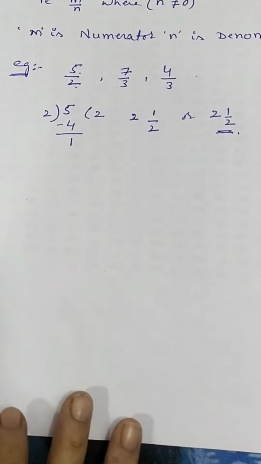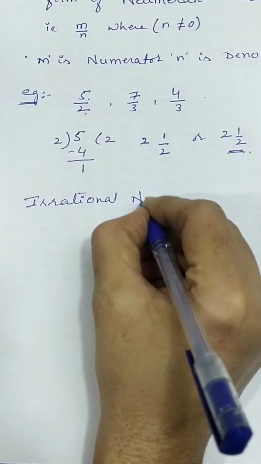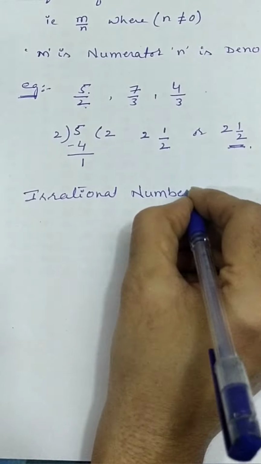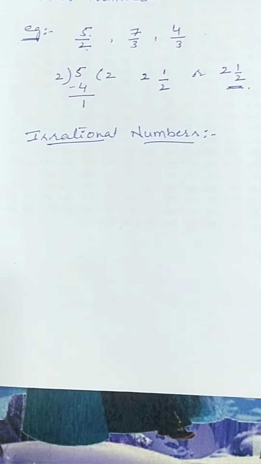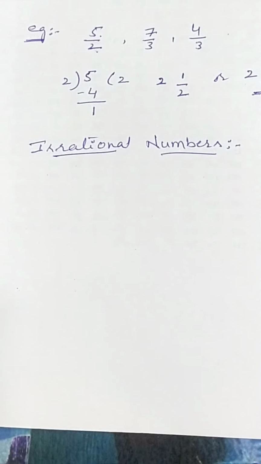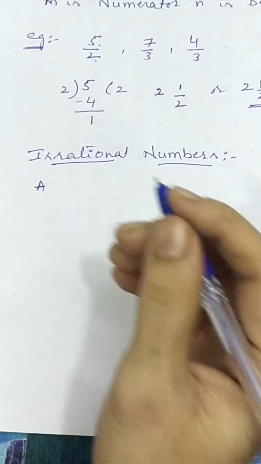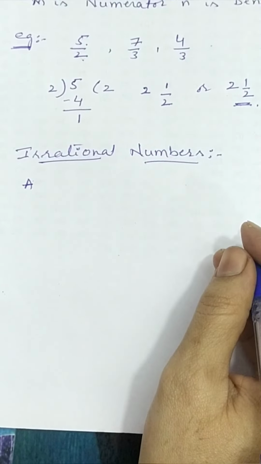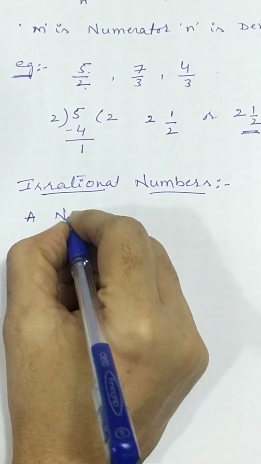Next, we go to the irrational number. What is an irrational number? The irrational number definition: a number which cannot be written as a fraction.